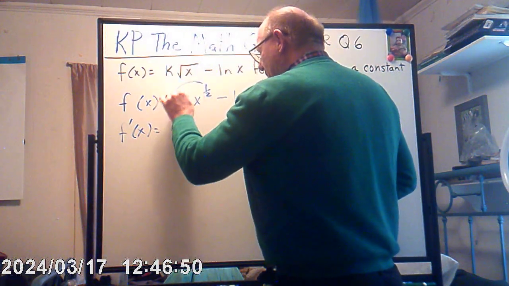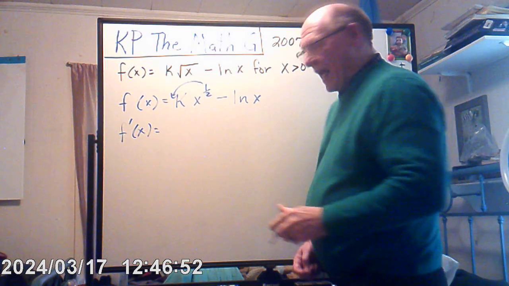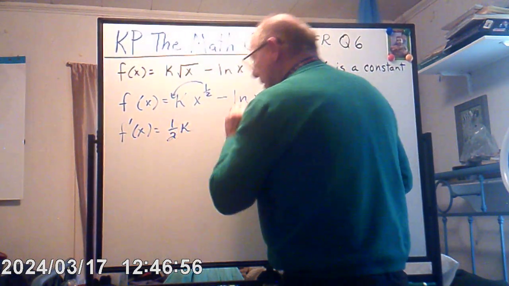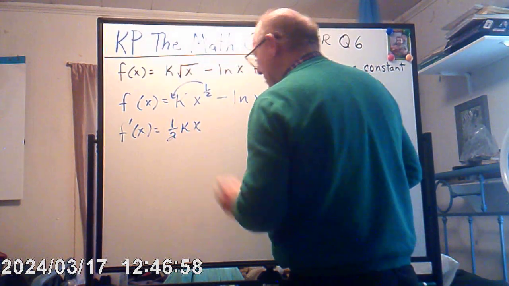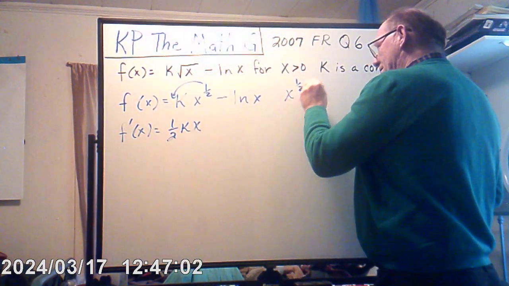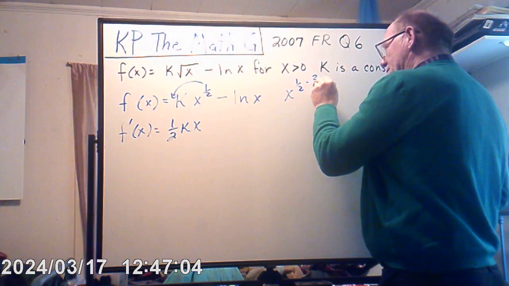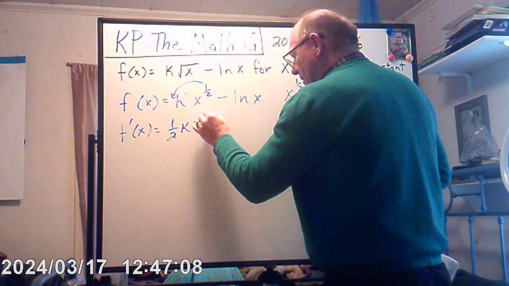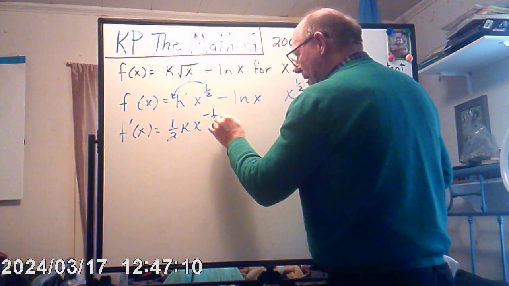We bring this in front, don't we? So 1/2 k x. Now remember, we take away 1, so 1/2 minus 1 is the same as 1/2 minus 2/2, and that's going to give us x to the negative 1/2.